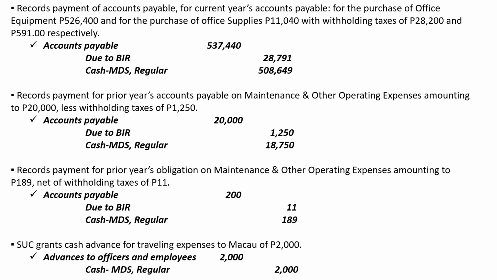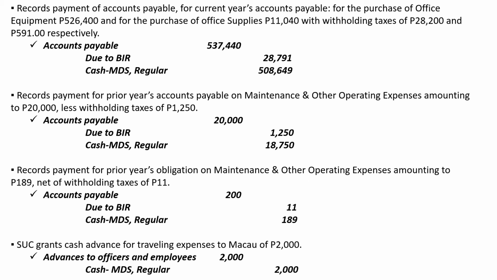Okay, for the next transaction, SUC records payment of accounts payable for current year's accounts payable. That is for the purchase of office equipment, 526,400, and office supplies of 11,040. The withholding taxes are 28,200 for office equipment and 591 for office supplies. So our journal entry for this transaction is debit accounts payable, the total 537,540.